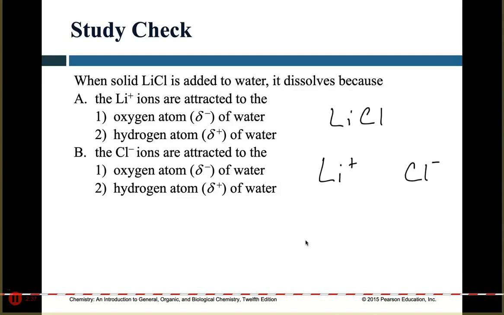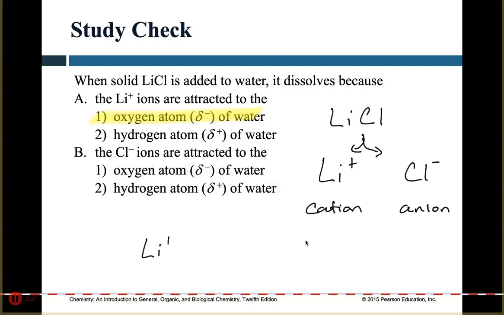Because as it's dissolved into water, soluble ionic compounds separate into a cation and an anion, but they're not just floating free in space. We need to find out what the lithium ions are going to be attracted to. We know opposites attract. So the lithium plus will be attracted to the oxygen in the water molecules.